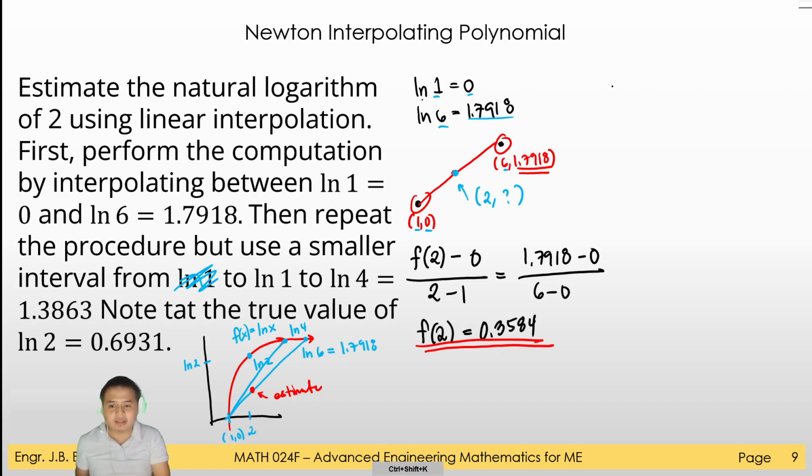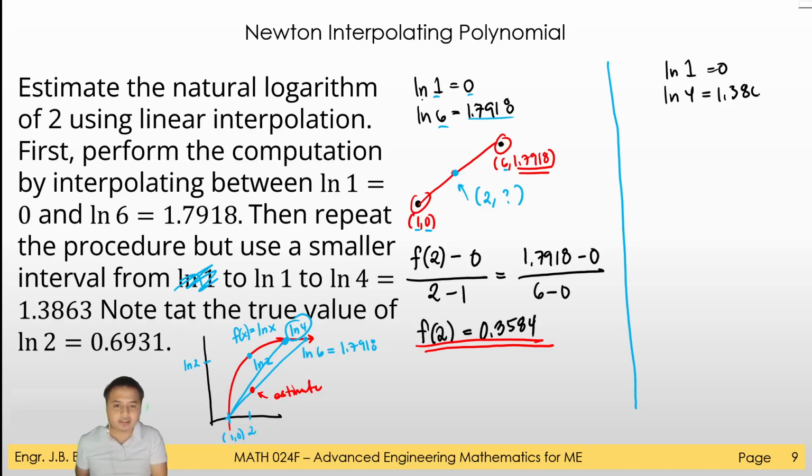Another alternative is, instead of ln 6, to use a closer point, which is ln 4. Again, ln 1 is equal to 0 and ln 4 is equal to 1.3863. If we visualize this, we have a shorter path.